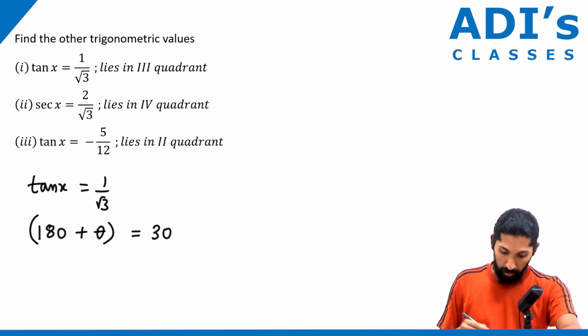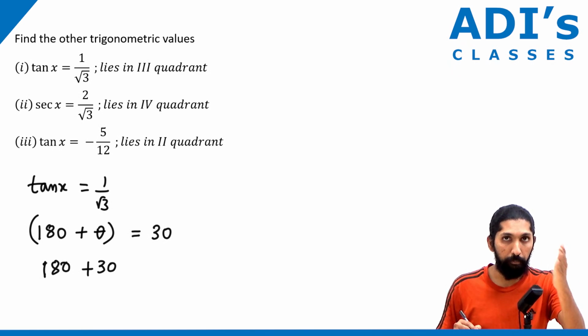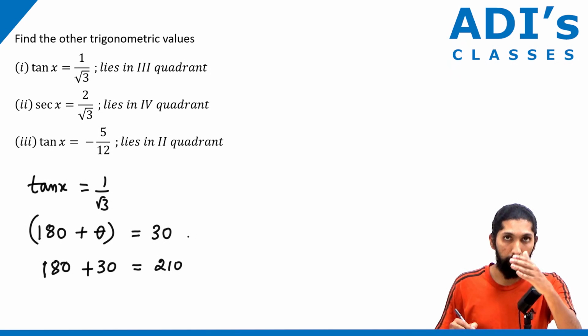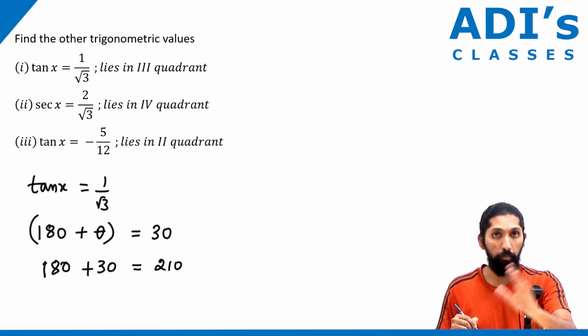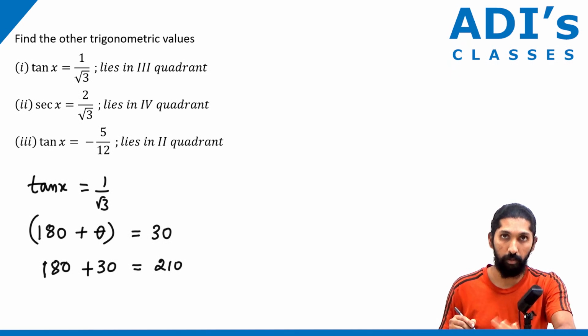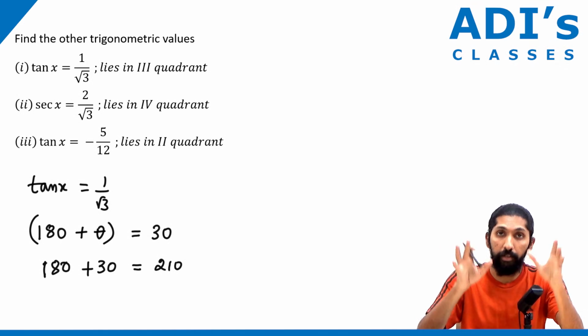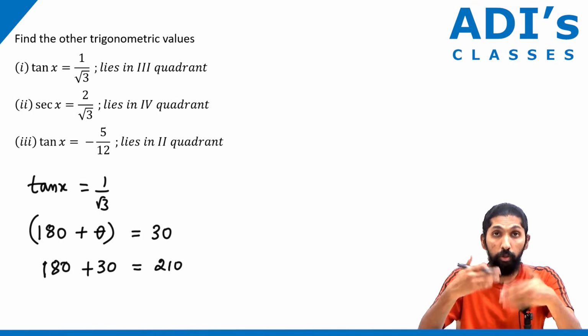That means 180 plus 30. Tan of 180 plus 30 is the same as tan 30. So 180 plus 30 is how much? 210. Now you can say minus 150 degree or you can say 210 degree. Both are correct. I'm giving you a lot of things to understand. Please take your time, because it takes some time to get used to the allied angles.